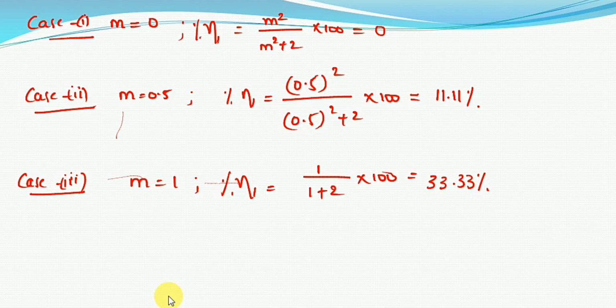Now here, why are we considering the values of m less than 1? Because in the under modulation and the critical modulation itself, there is no loss of information during the transmission of AM signal. That is why we have to consider the values of m as less than or equal to 1. So for m less than or equal to 1, we have to calculate the efficiency.